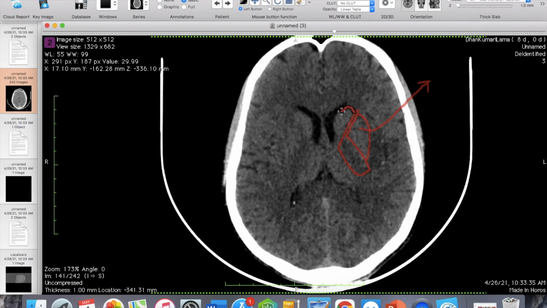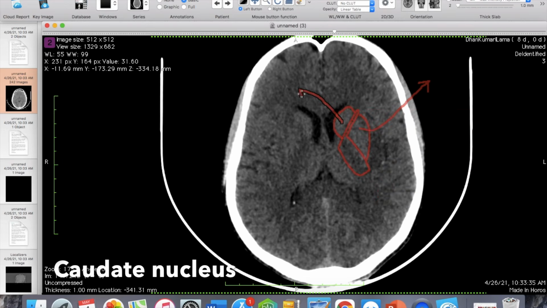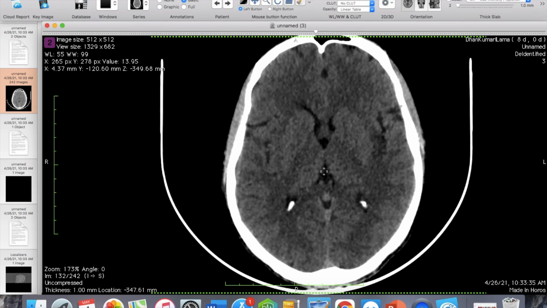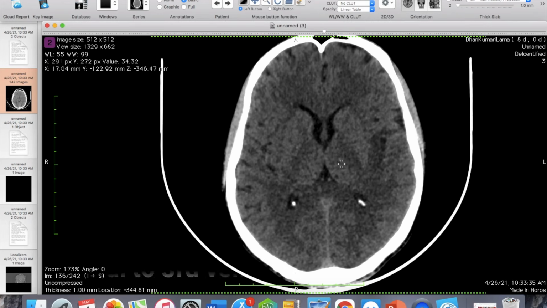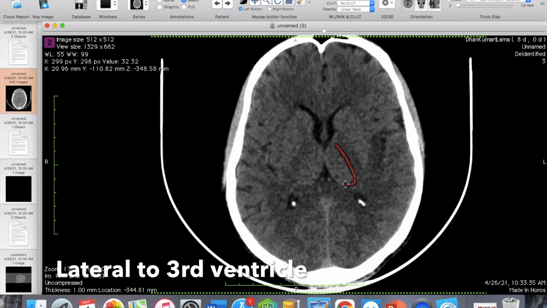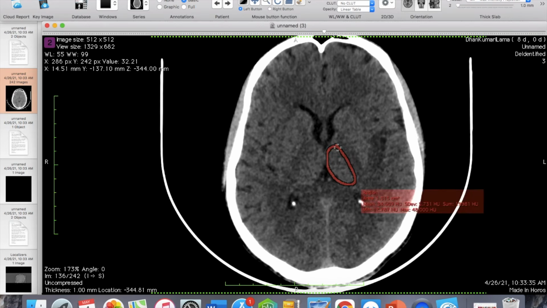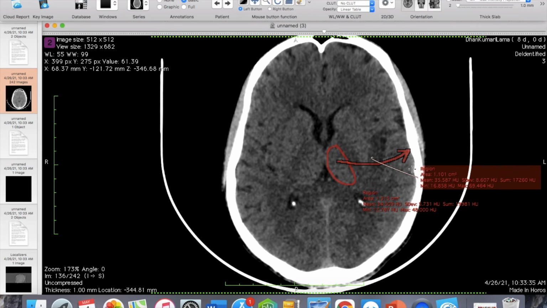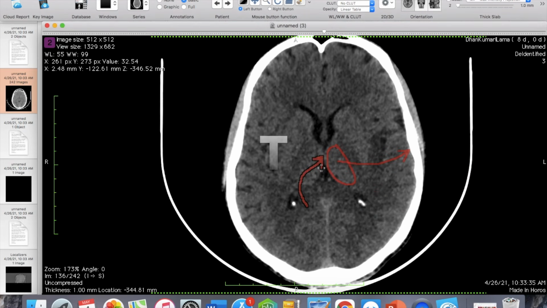The part of the basal ganglia which lies anterior to the internal capsule is the caudate nucleus, and the part which lies just lateral to the third ventricle and posterior to the internal capsule is the thalamus. We can easily remember T for thalamus, which lies adjacent to T for third ventricle.